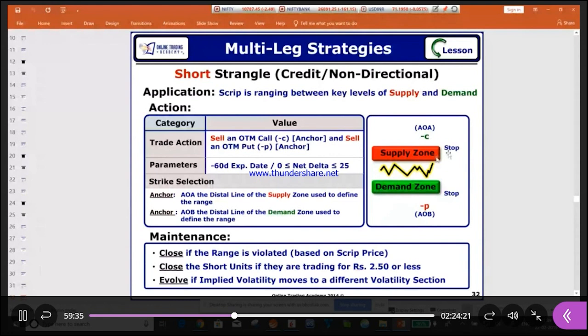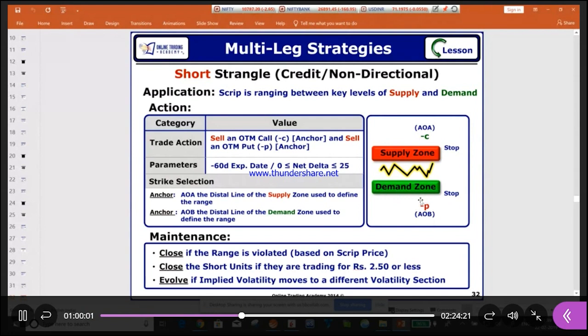Okay, range is violated, get out of both. Total premium is, so whichever unit is trading at 10% or less. Okay, so here you can exit gradually. Let's say we are ranging here, or we slowly have gone up to this after a certain period of time. So this is also reduced, and this has now become 10% of its premium. So let's say here you sold, you got 20 rupees, here you sold, you got 15 rupees.